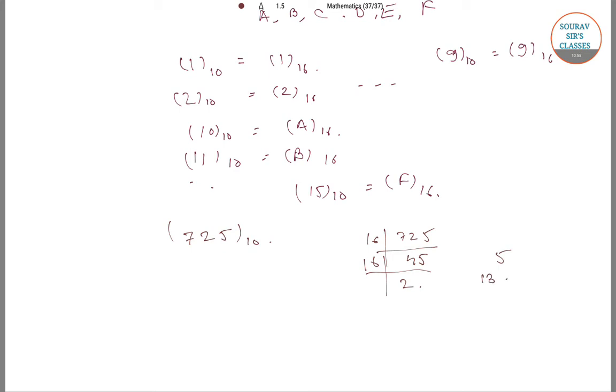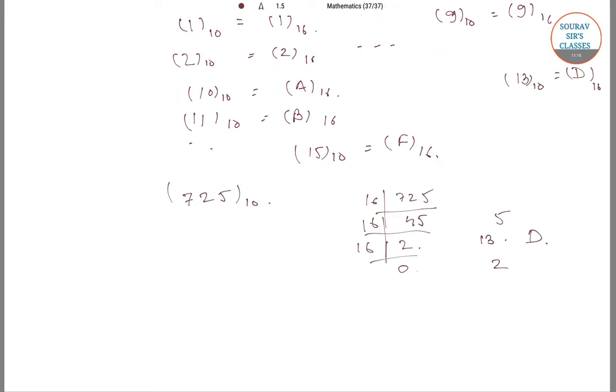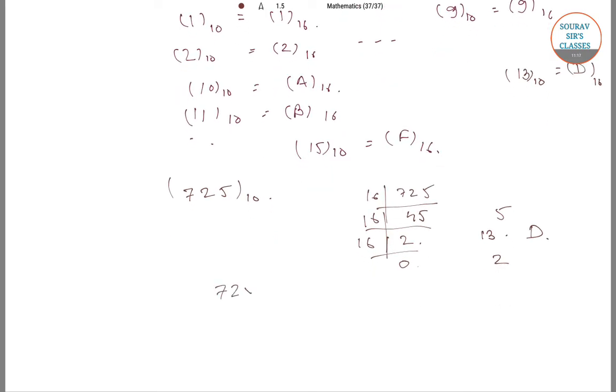Now since we know that 13 in base 10 is equal to D in base 16, so it is D, and when we divide 2 by 16 again, we get quotient 0 and remainder as 2. So 725 in decimal system is written as 2D5 in hexadecimal system.